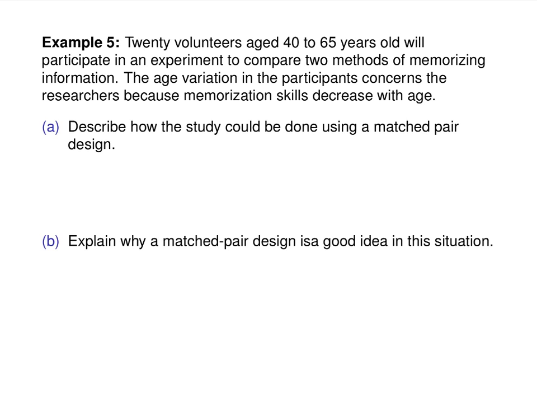So describe how the study could be done using something called the matched pair design. So what would you do first with people? Match their ages, yep. So form pairs of participants by age.